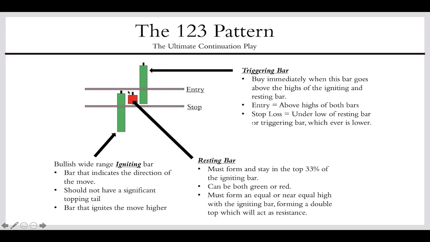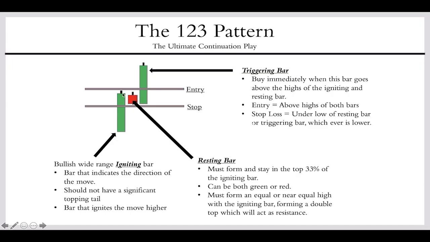The reason we want an area of resistance is whenever we get the triggering bar, the bar where we would actually enter this pattern, we want the trigger to happen when it breaks that resistance. As soon as it breaks that resistance, that would be confirmation that we're going to go higher, and that's when we enter. So you're entering above the highs of the igniting bar and the resting bar, whichever one is higher.